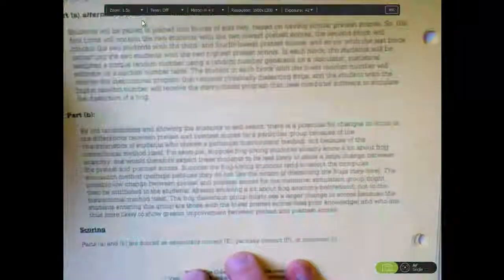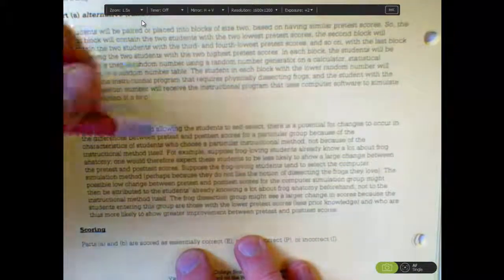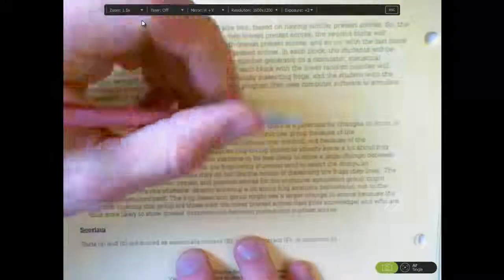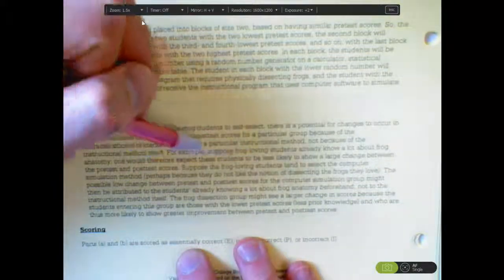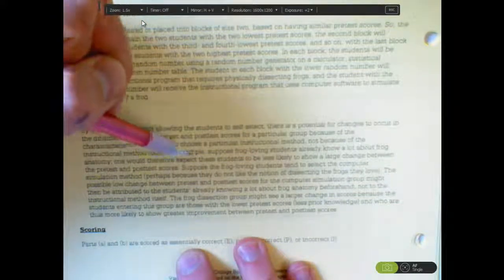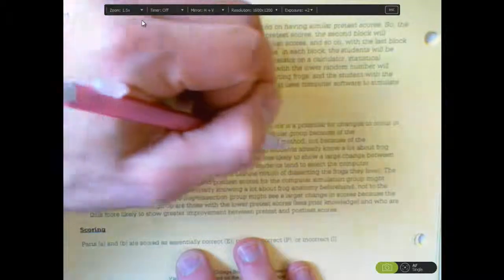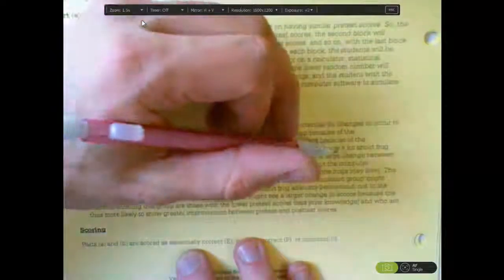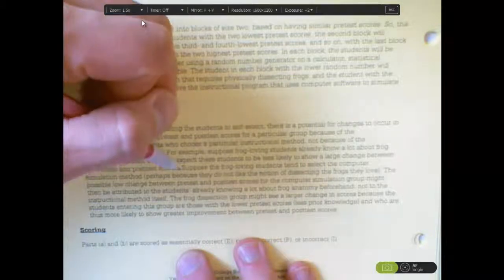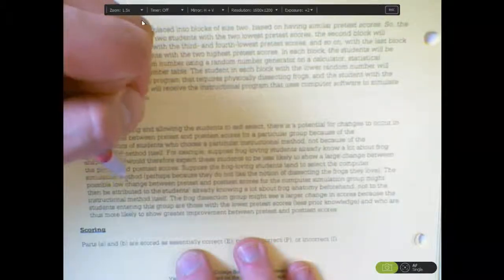So you'll notice in their solution, okay, they say something very similar. That they would all choose to, let's see, they already know a lot about frog anatomy, so they'd expect those students to be less likely to show a change between the pre and the post-test scores. Okay, so we went down a very similar route here.